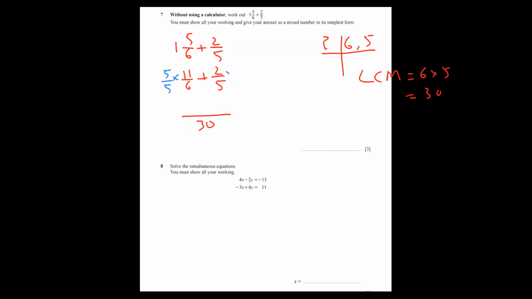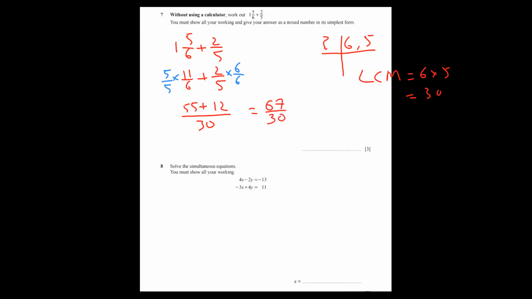If I multiply up and down with 6, so you can see this is 30, matches. This 5 into 11 becomes 55. This is 5 6s are 30, matches, and 6 2s are 12. And then I got from here 55 plus 12, 67, sorry, 67 divided by 30.